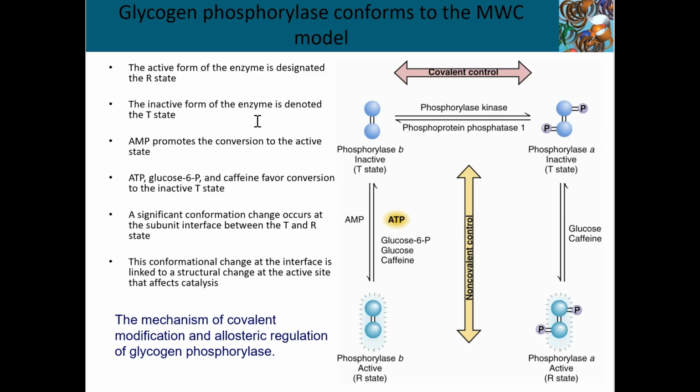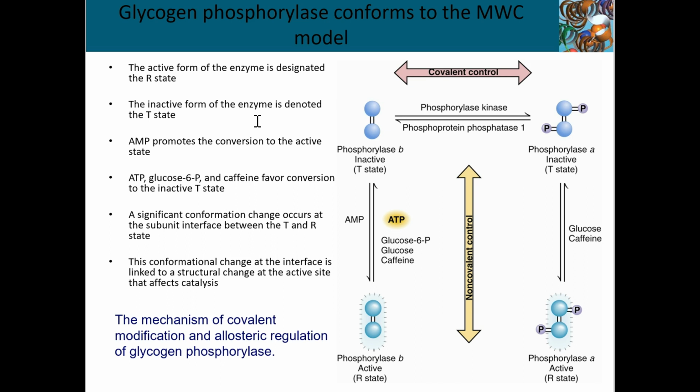Now what's interesting is that, in terms of the two models which we discussed initially, glycogen phosphorylase conforms more closely to the MWC model than the KNF model.